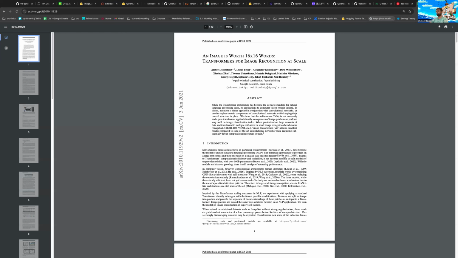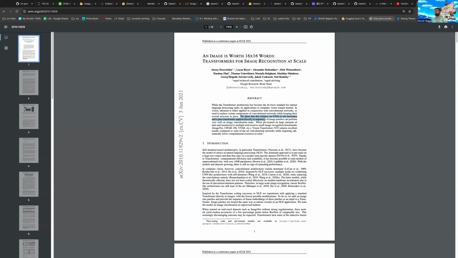What the authors are claiming is that in vision, attention is either applied in conjunction with CNNs or used to replace certain components while still keeping their overall structure in place.